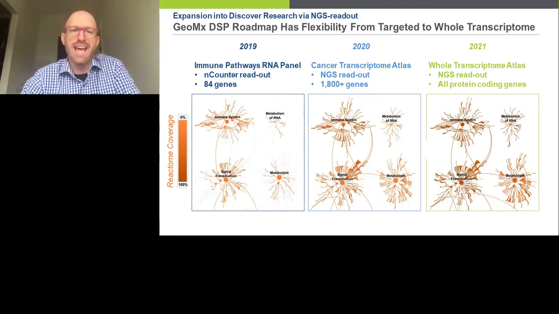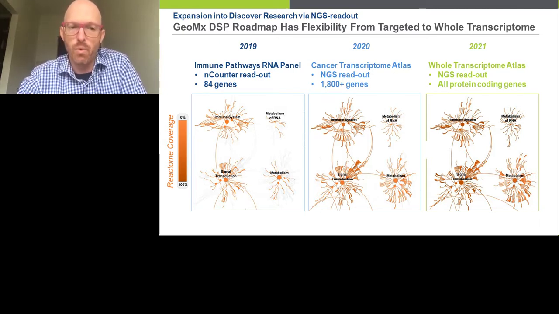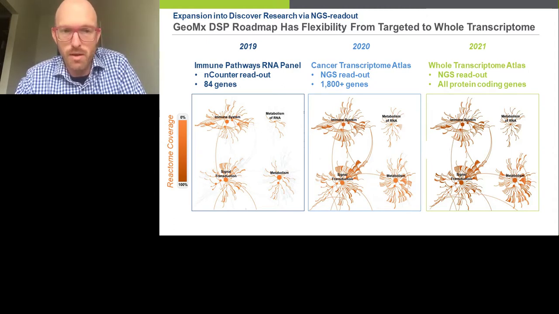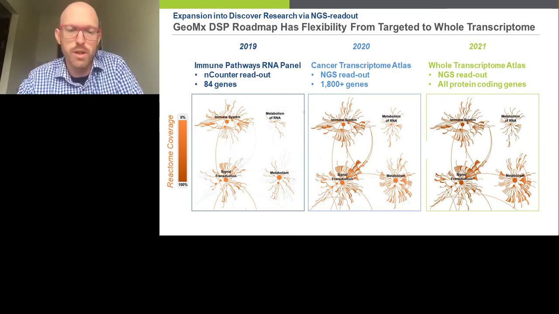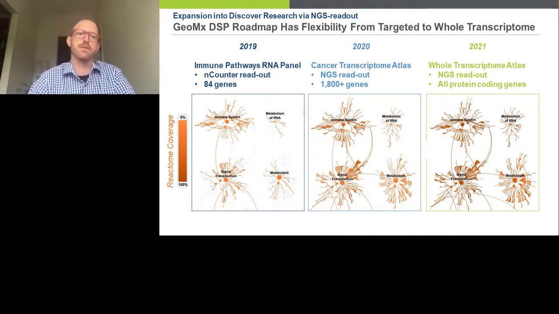So for the Cancer Transcriptome Atlas, we have the ability to read out over 1,800 genes at one time from every single region of interest. So this is obviously a large amount of information from every single region. So instead of looking at the cancer transcriptome across the whole tissue, you can look at it at various regions throughout your tissue. And these 1,800 genes are specific to immuno-oncology.